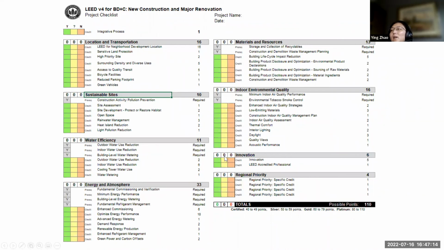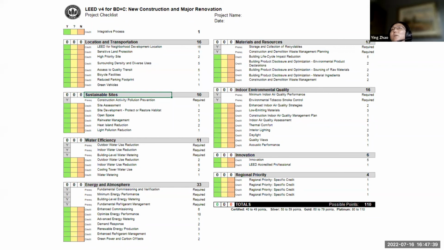And the innovation category is not a separate list here. There are a lot of innovation strategies and also pilot credits, like strategies that are already developed. So you can go to their website and see the innovation category and the pilot category.